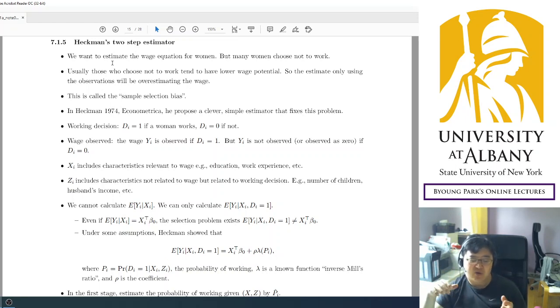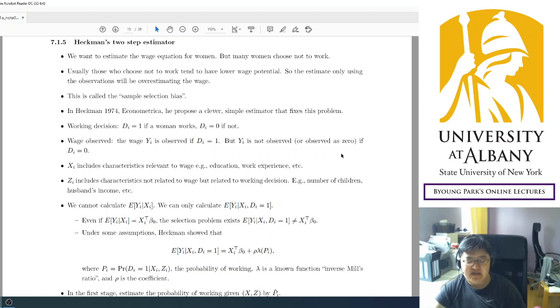Or how much a woman's wage increases as her experience increases, or how much her wage will drop if she has to stop working for one or two years due to, for example, pregnancy. So two things: selection, why women don't work, and second, how women's wage is determined in terms of education, experience, or career interruption, and so on.